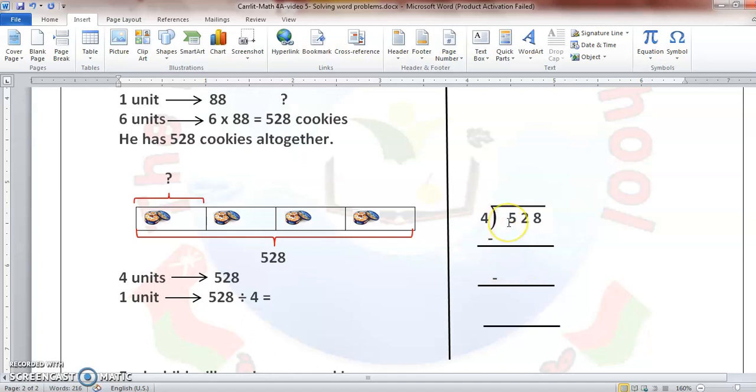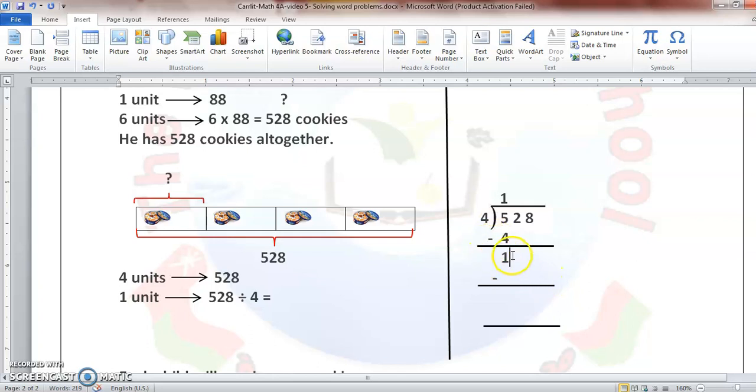Let's start. 5 divided by 4, the answer is 1. 1 times 4, the answer is 4. So let's subtract, 5 minus 4, the answer is 1.